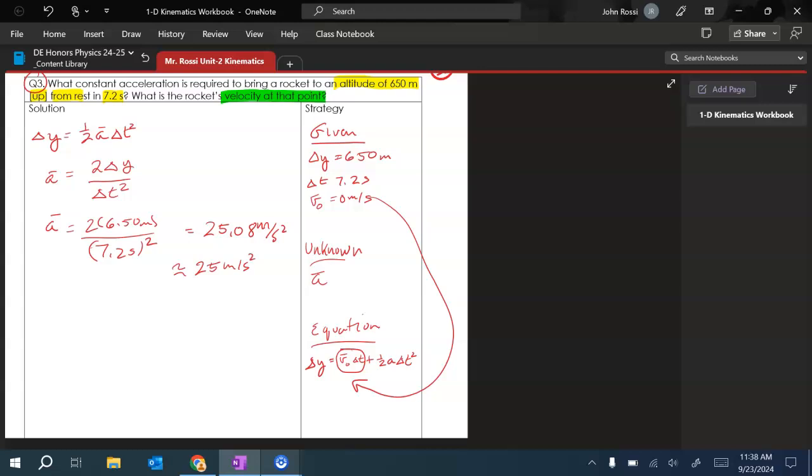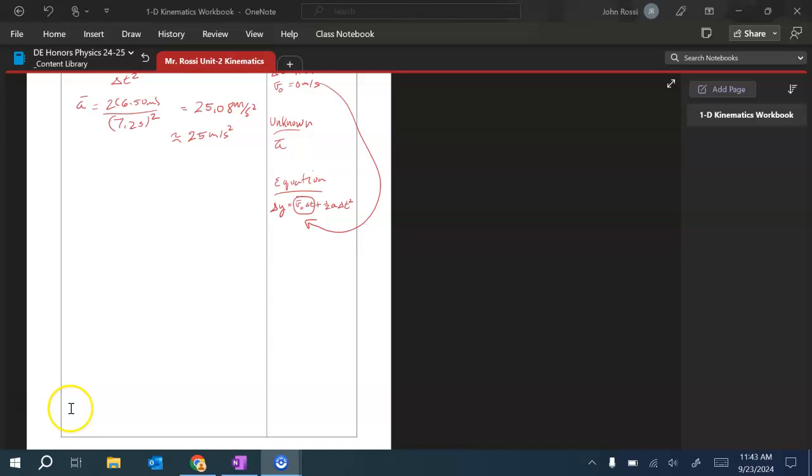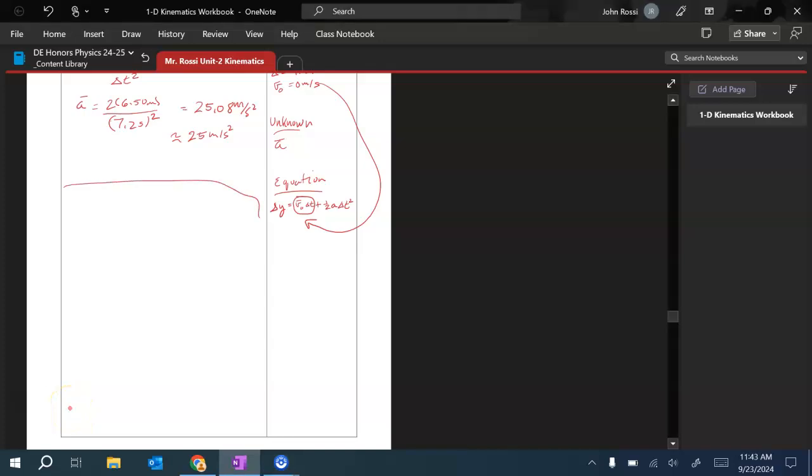It's positive or upward. I want to make sure I have enough room for part 2. There's not a lot to it, because at this point I've got the delta y, I've got the acceleration, I've got the time, I've got initial velocity, and I've got final velocity.